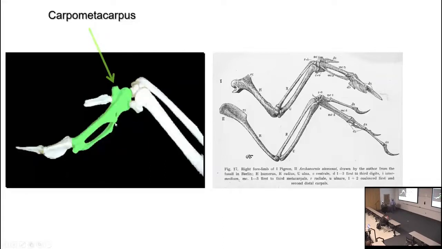And next time you get a roast chicken or a roast turkey or turkey wings or chicken wings in general, you can investigate this yourself. That's what it is. That's the carpometacarpus. Here we see, however, the ancestral state for Archaeopteryx. Metacarpals 1, 2, and 3, they're not fused to each other, nor are they fused to the semilunate carpal block.